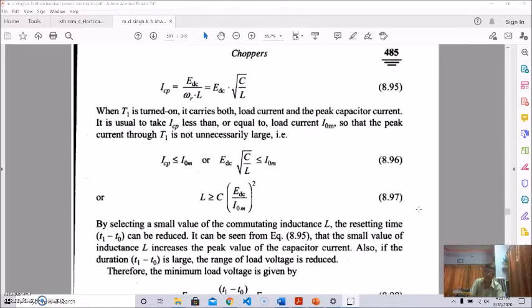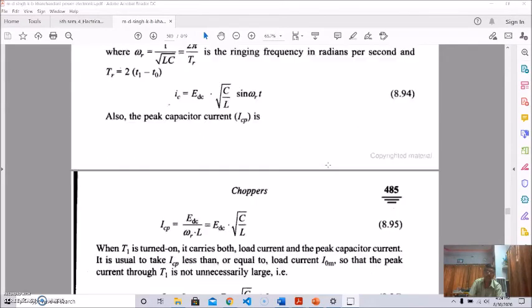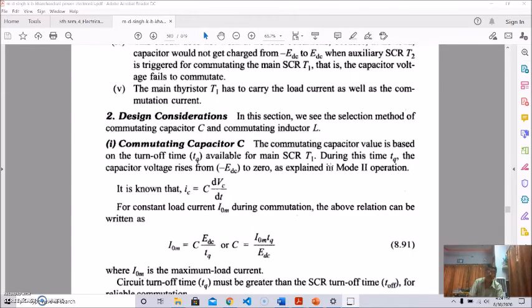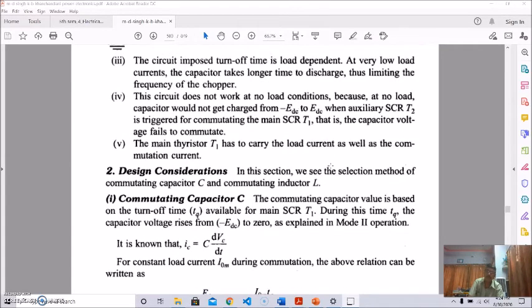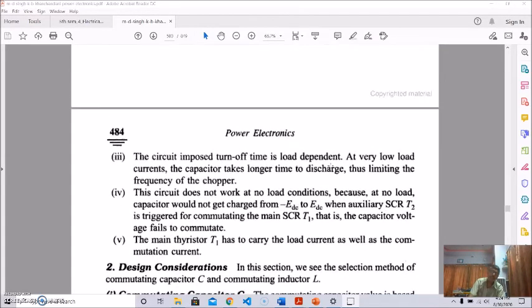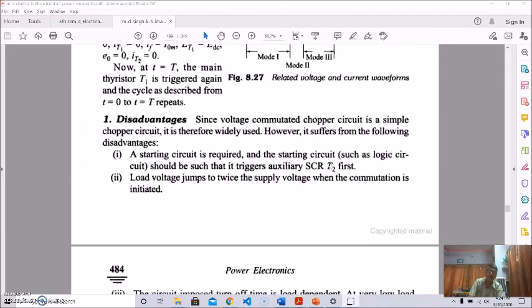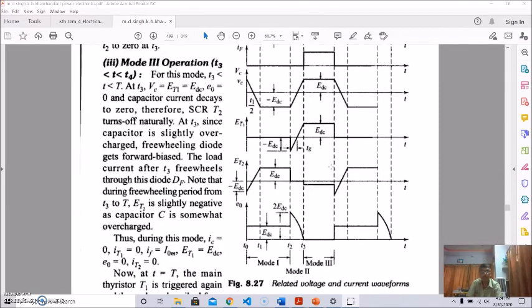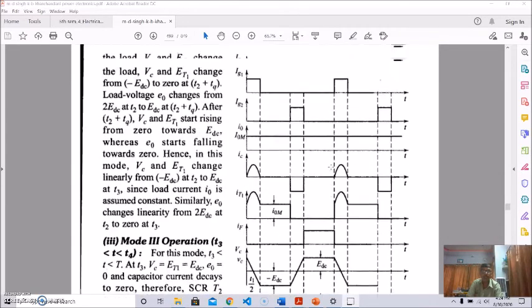Today we have discussed the voltage commutated or impulse choppers, its circuit diagram, its operating modes from mode 1 to mode 3, and how its operation enables us to get the related voltage and current waveforms of these voltage commutated choppers.